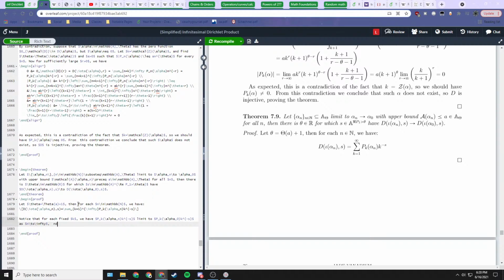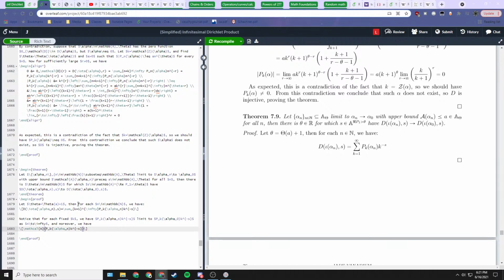And moreover, we have the absolute value of this whole mess.